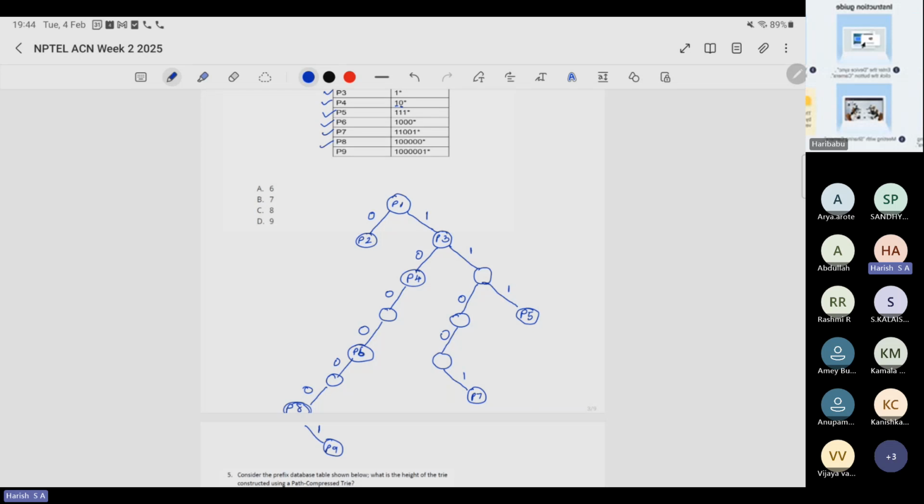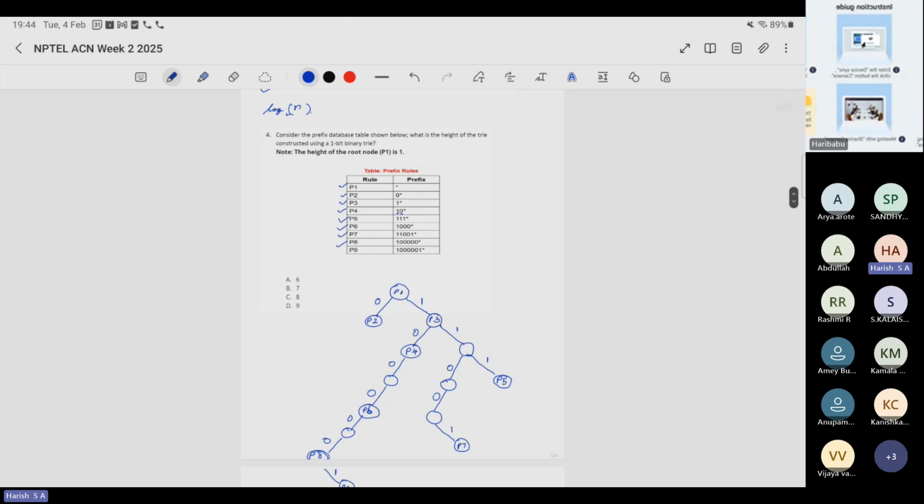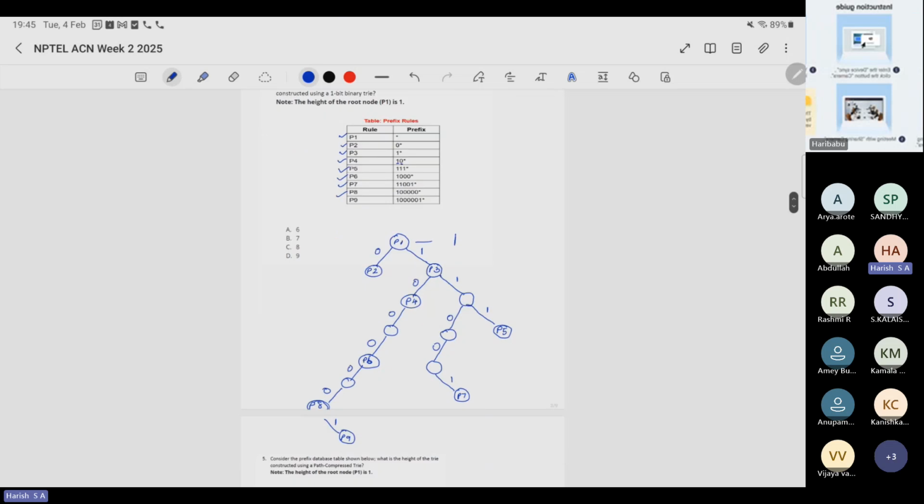All right. So now what is the question? We've built the binary trie. The question is, what is the height of the tree? If you consider that the root node is at height 1, height is basically nothing but the depth of the tree.